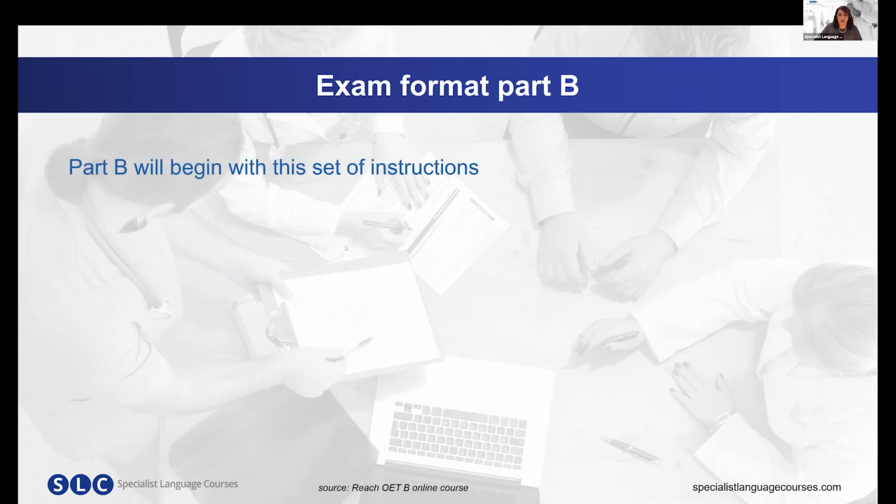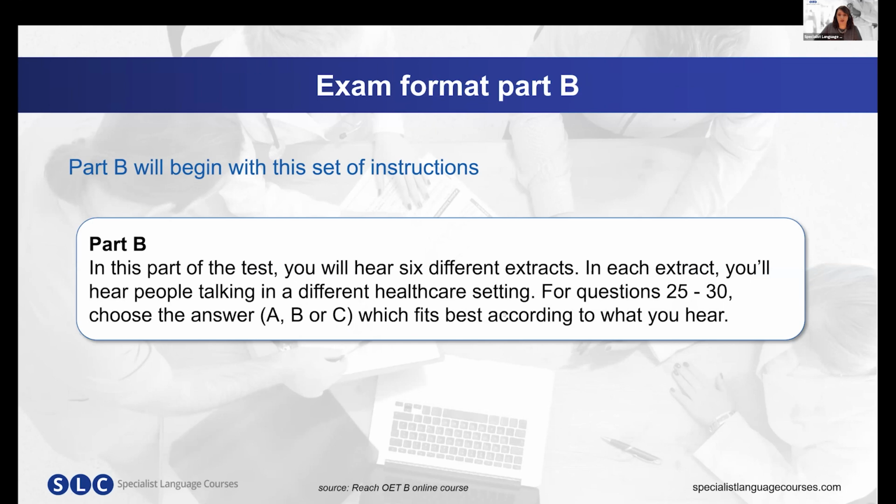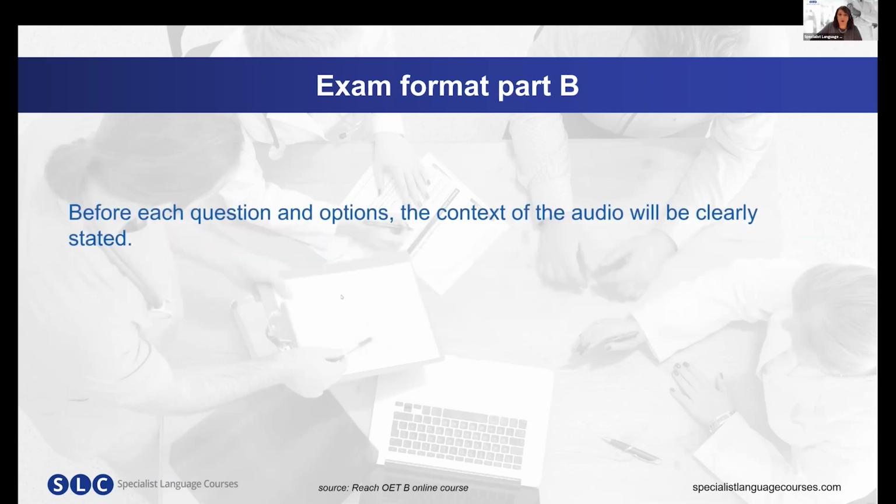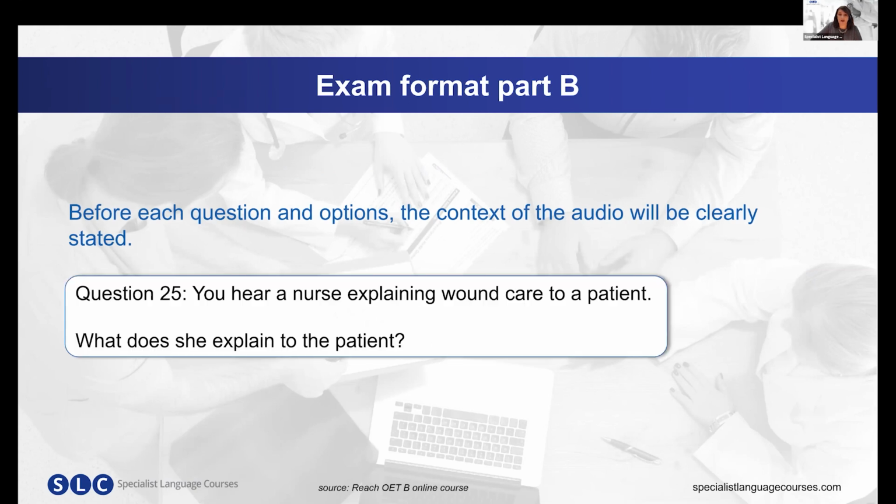Part B will always begin with the same set of instructions. This is what you will see on your listening paper: you'll hear 6 different extracts, and they're people talking in different healthcare settings. So you may have 6 different settings, and for each of the questions you need to choose A, B, or C. Before each question and options, the context of the audio will be clearly stated, and this is really important to help you answer the questions.